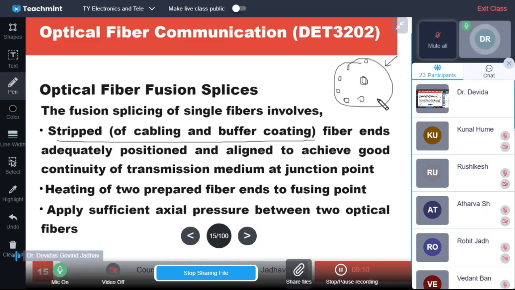Strings means wires, you can say, and in between those the optical fibers are placed.